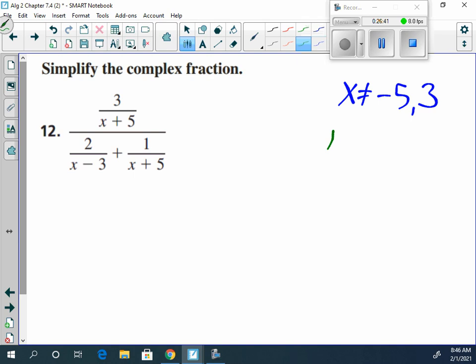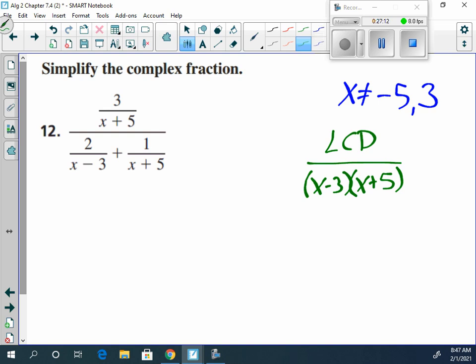It'd also be good to know the least common denominator, because we're looking at what simplifies the denominators. So on top, the denominator is x plus 5. So if I multiply the fraction in the numerator by x plus 5, that denominator would simplify out.